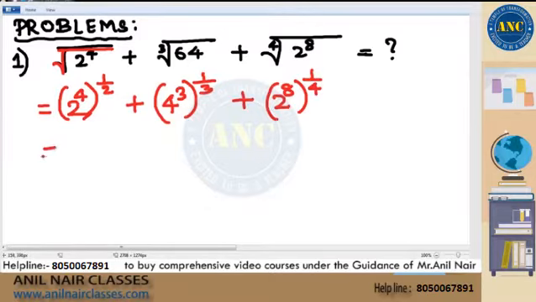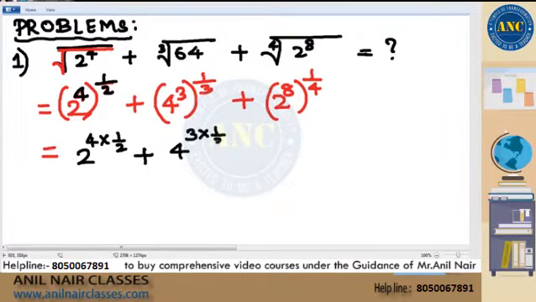Now, I also told you that a power m whole power n is nothing but a power m into n. So, it is 2 power 4 into 1 by 2. You need not write all these things in the exam. I am writing for your understanding for the first question. 4 power 3 into 1 by 3, 2 power 8 into 1 by 4.